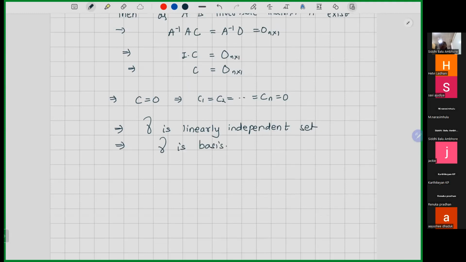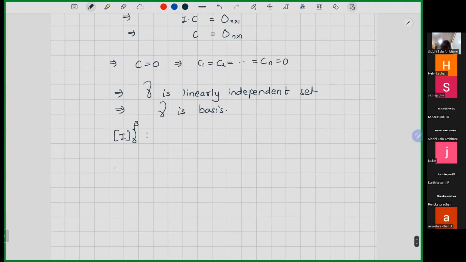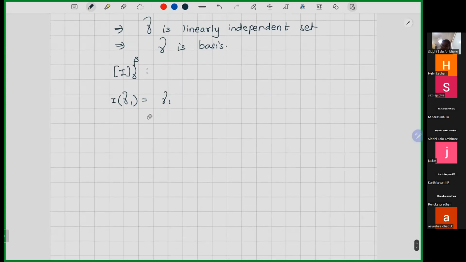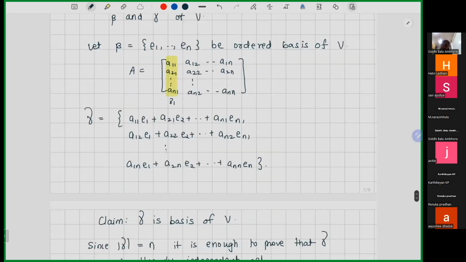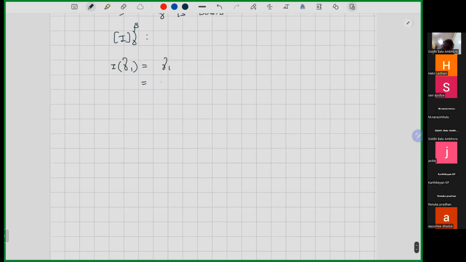And now if I want to write the I gamma beta, then what is it, okay? So I of gamma 1 is what? Gamma 1, right? And gamma 1, if I want to write this in terms of beta, is A11 E1 plus A21 E2 and up to AN1 En, right?